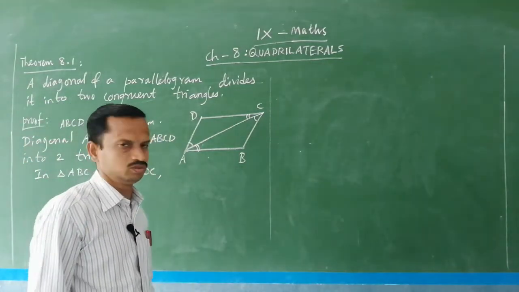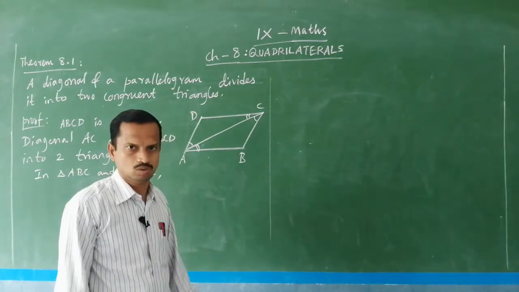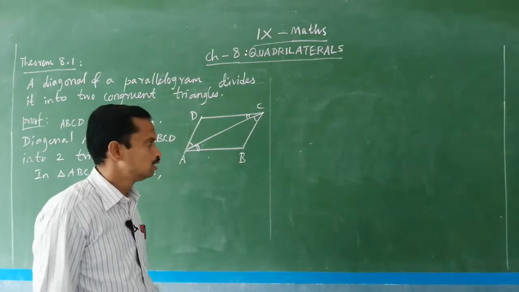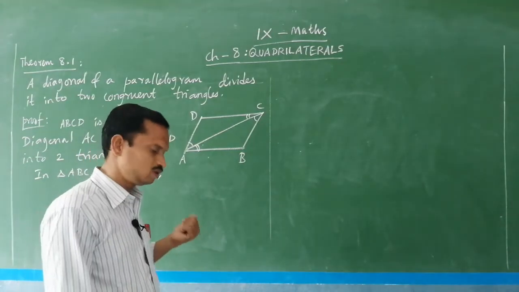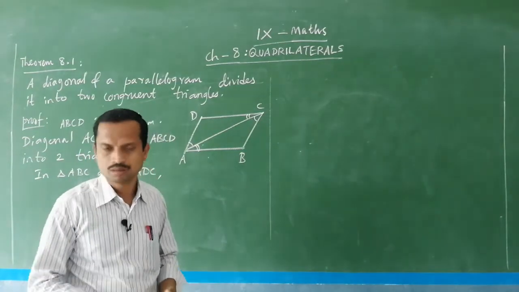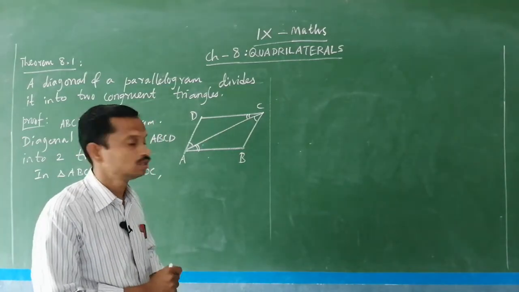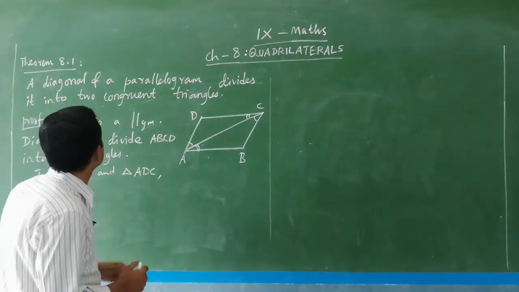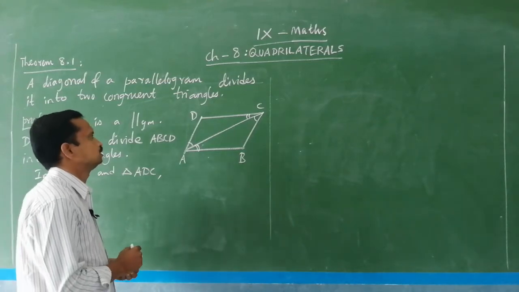Three conditions are needed, except AAA, and we can say the two triangles are congruent, and by corresponding parts of congruent triangles, you know everything. So, these concepts and also the lines and angles concept are always useful to prove the theorems and also the problems in exercise sums.